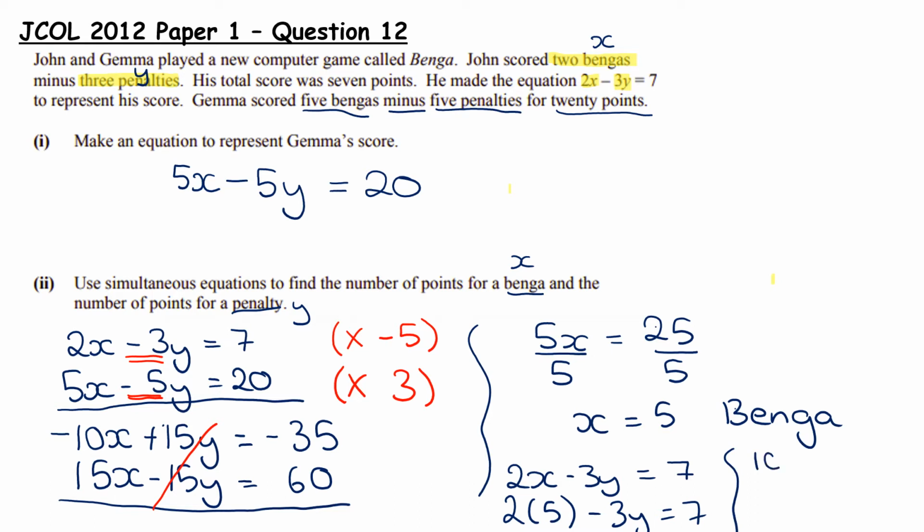So that gives me 10 minus 3y equals 7. If we take away 10 from both sides, we're left with minus 3. And we divide both sides by minus 3, we'll get y equals 1. And that is what each penalty is worth.